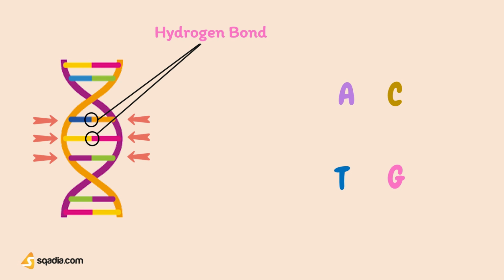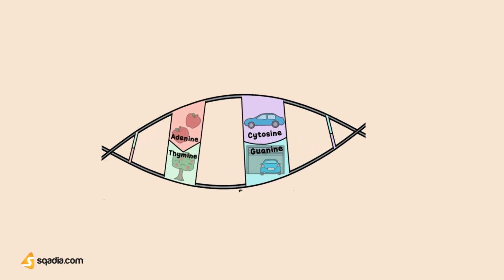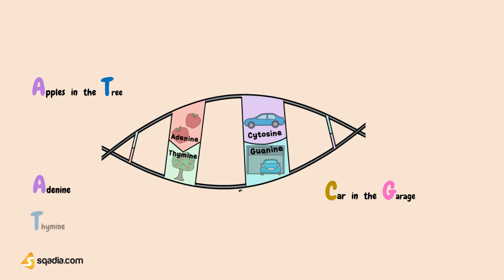So, adenine and thymine have 2 bonds, but cytosine and guanine have 3 bonds. You can remember these pairs using a mnemonic: apples in the tree, and car in the garage. A for adenine, T for thymine, C for cytosine, and G for guanine.